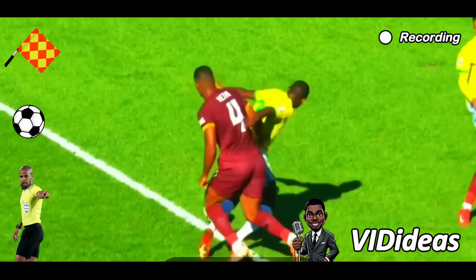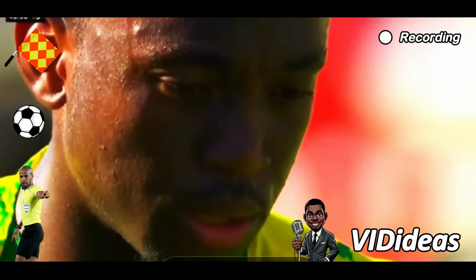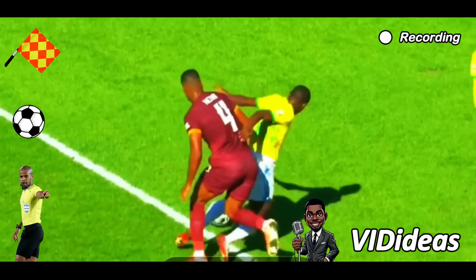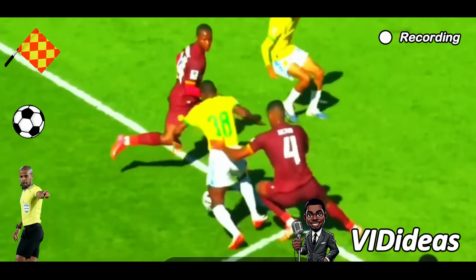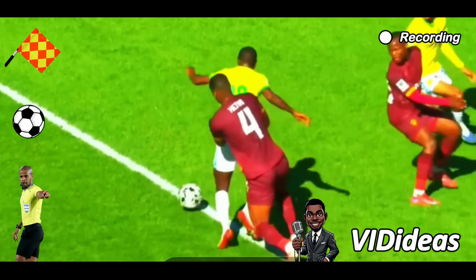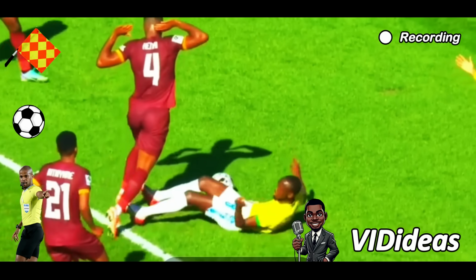Clearly it's outside the box. It's no doubt a foul, definitely a foul, which should have been awarded as a direct free kick to Mamelodi Sundowns. But in this case, it was given as a penalty, which was an incorrect decision by the referee.